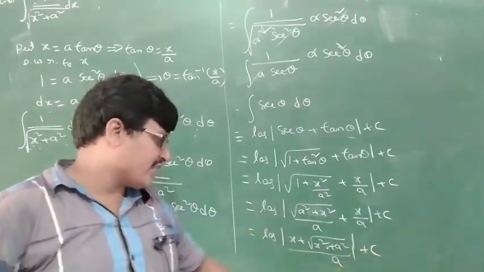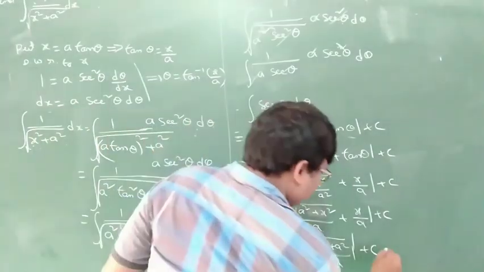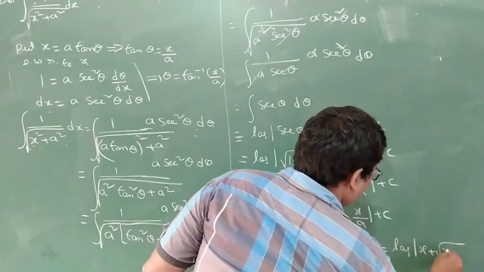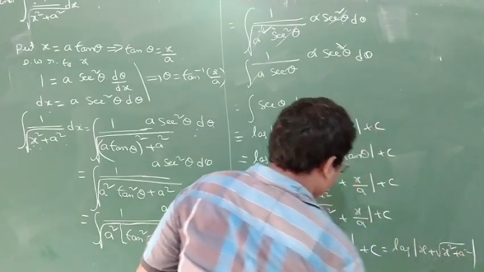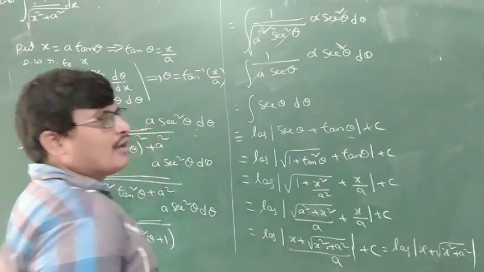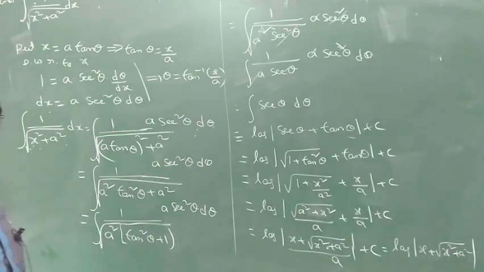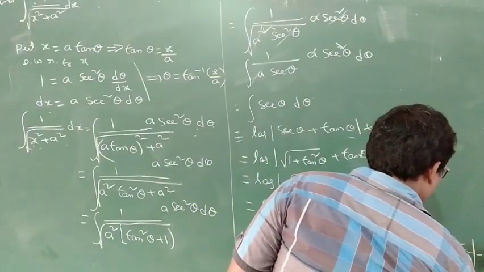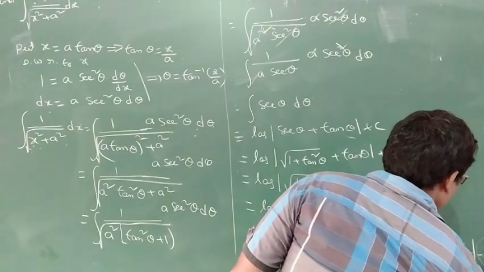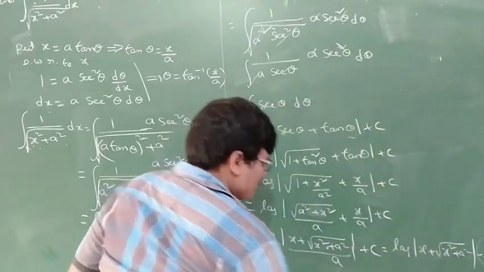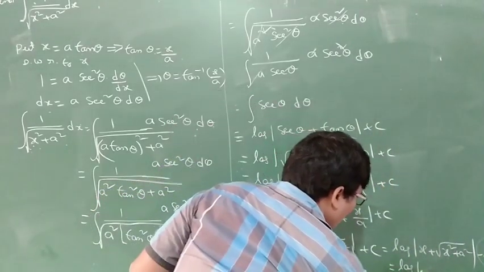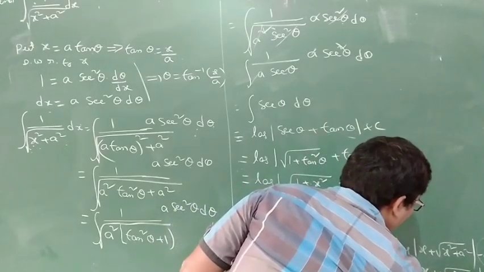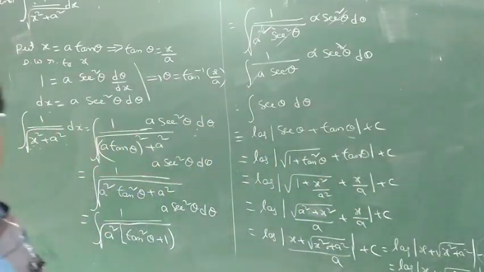So this is a constant. So that is log mod x plus root of x square plus a square, minus log a, since log a minus log b is equal to log a by b. These both are constants, so that is equal to log mod x plus root of x square plus a square plus c. This is the answer.